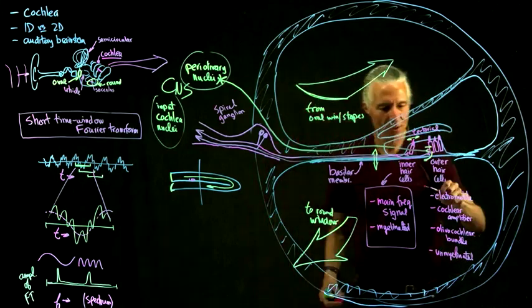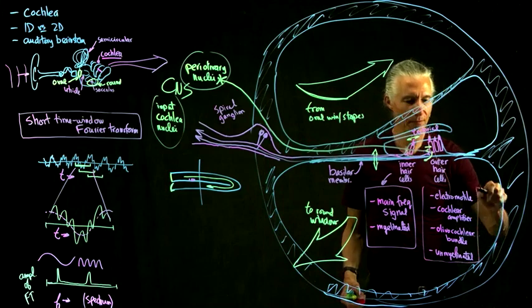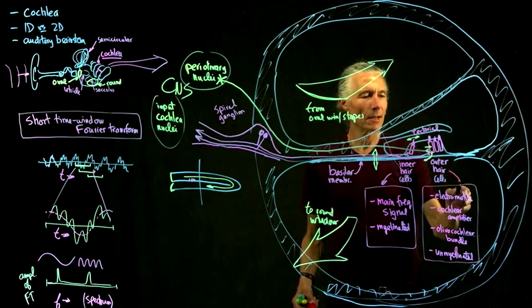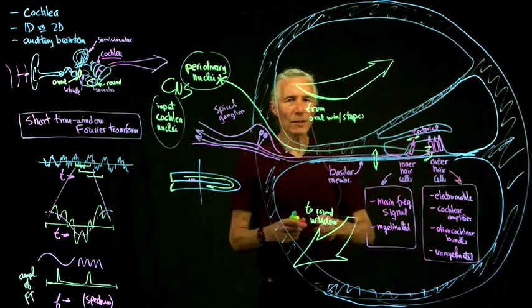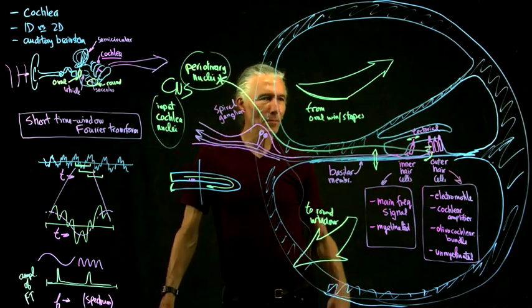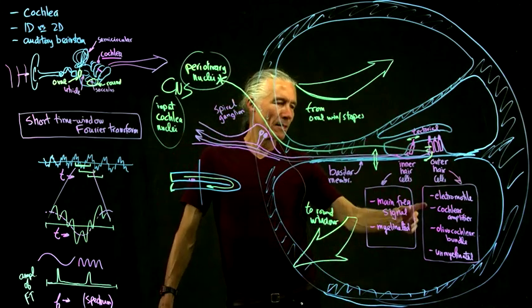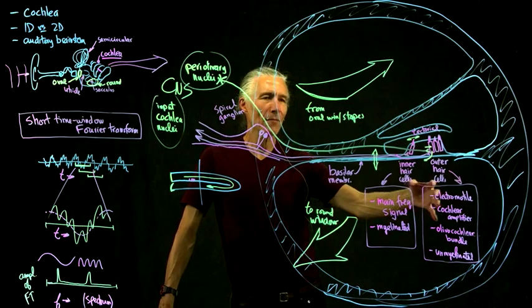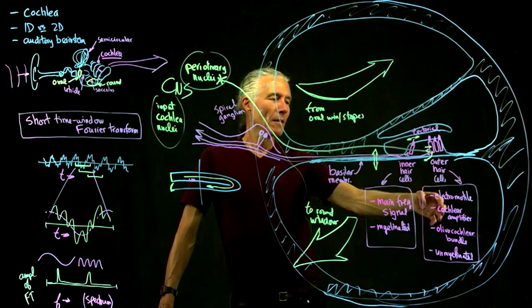So the outer hair cells and the inner hair cells are quite different from each other. The inner hair cells are the main frequency signal coming in. The outer hair cells have the effect of amplifying the signal.